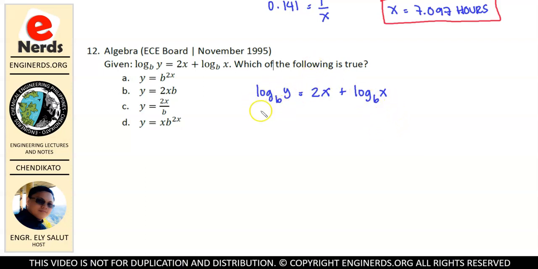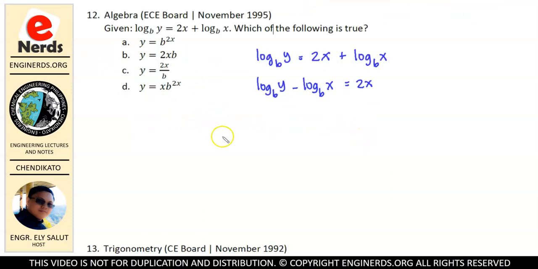Okay, so kung makikita ninyo, dalawang expression natin is having logarithm na merong base na b. So, pwede natin silang pagsamahin na sa isang side ng ating equation, ano? So, we have logarithm of y to the base of b minus logarithm of x to the base of b is equal to 2x.